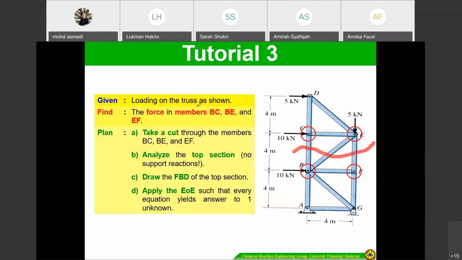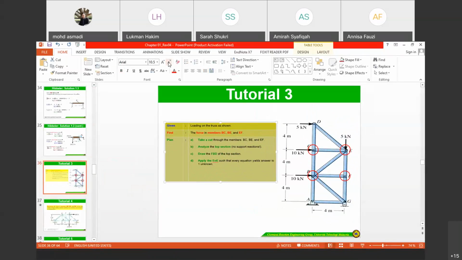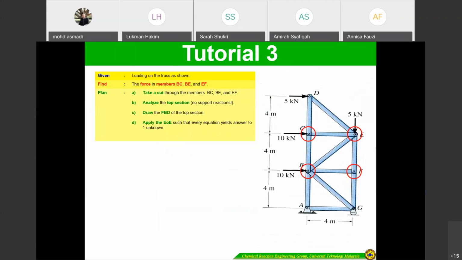If you look at here, what we have to do is draw the free body diagram. You cut around here, right? So our target is just these sections. No need to draw the full free body diagram. So we can start with the cut section.